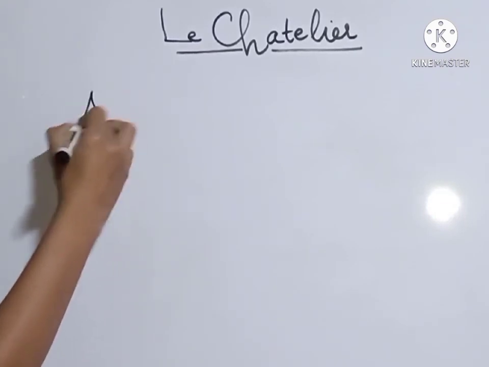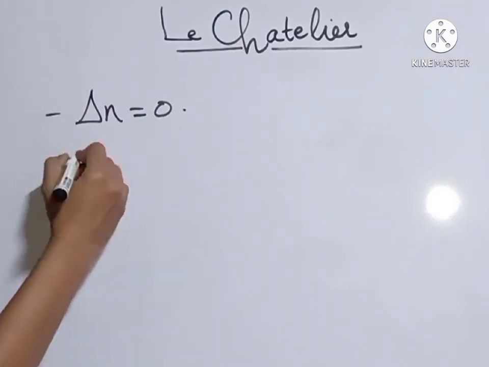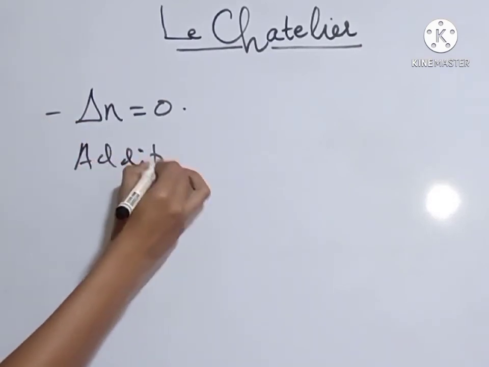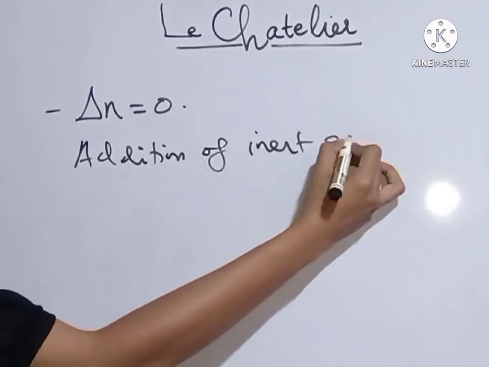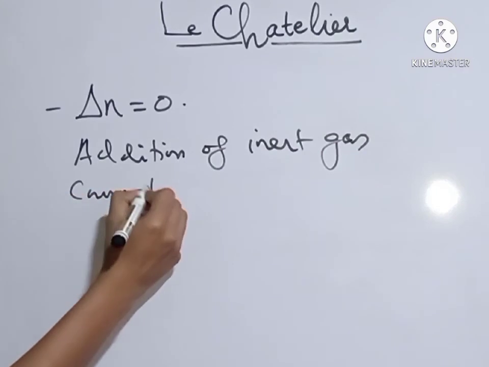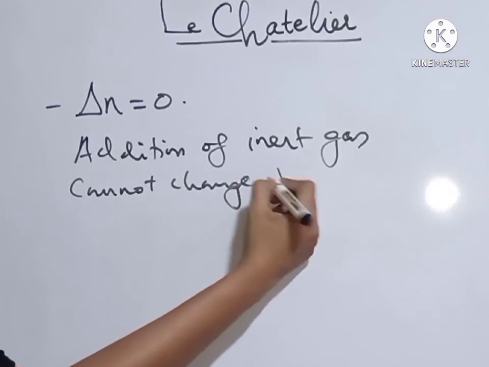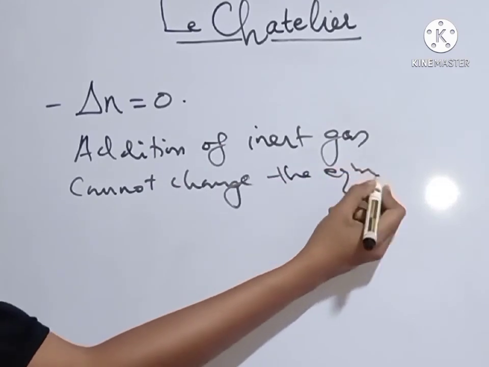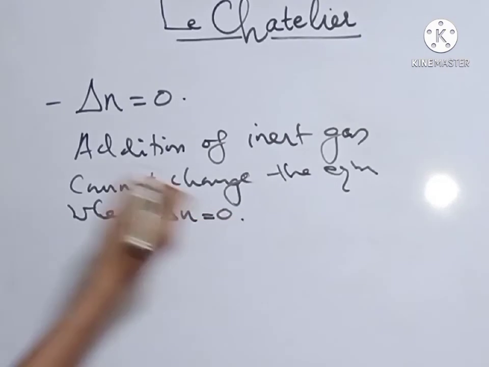So from these, it is clear that the addition of inert gas is not significant when the change in number of moles, delta n, equals 0. Addition of inert gas cannot change the equilibrium when delta n equals 0.